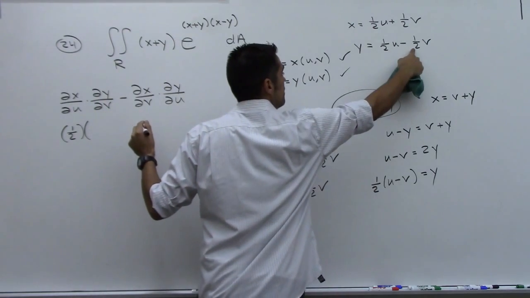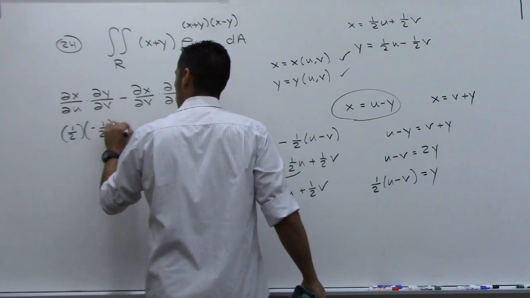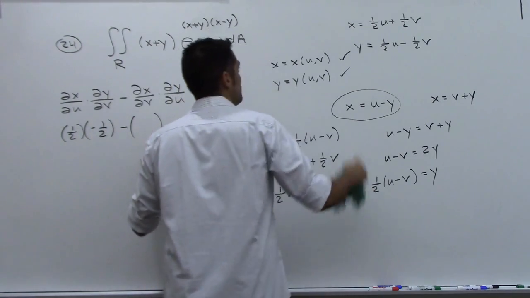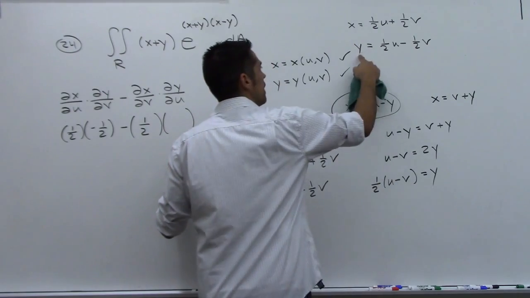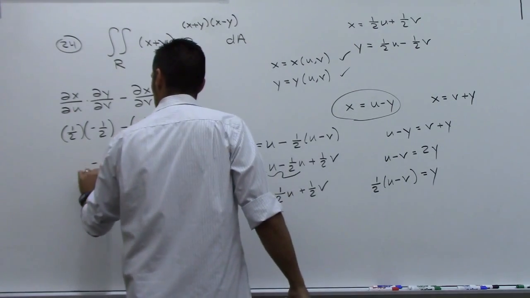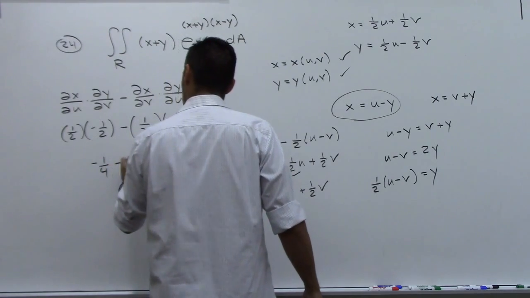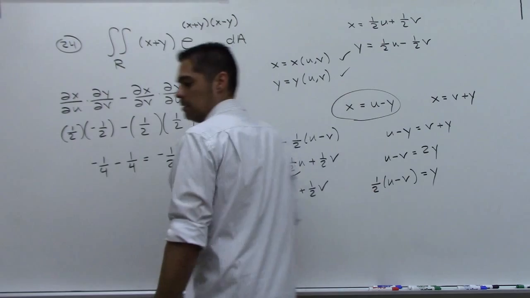Partial of y with respect to v is going to be -1/2, minus partial of x with respect to v, which is 1/2, and partial of y with respect to u, which is 1/2. And so you get -1/4 minus 1/4 is -1/2, right?